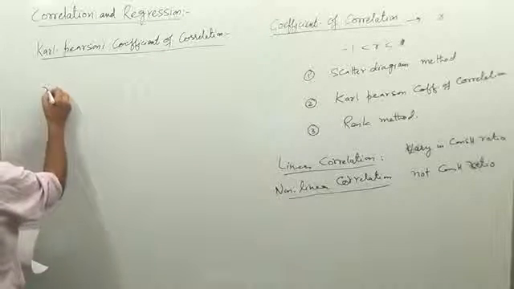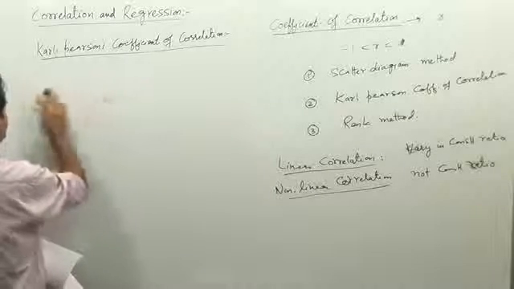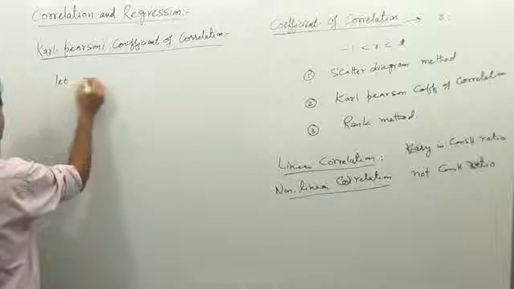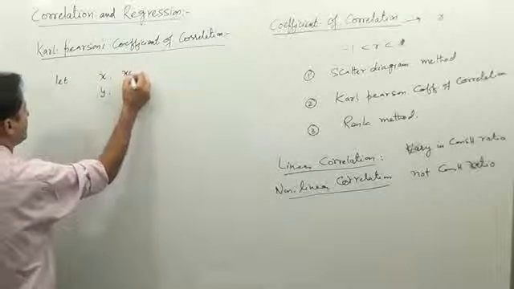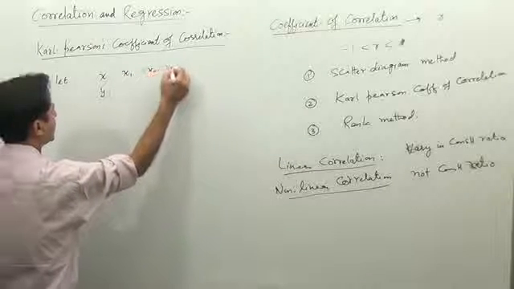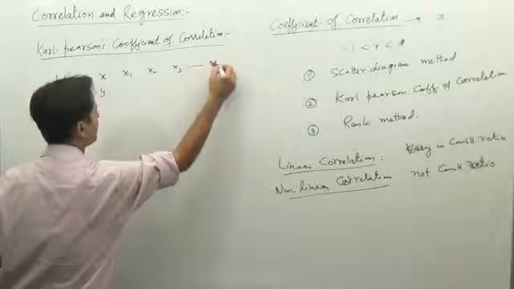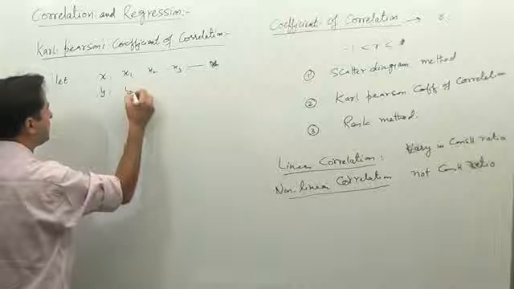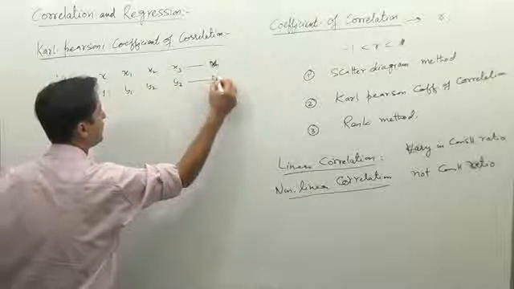So commonly we write it as R, and the formula of this is, let us say some data values are given, say this is x1, x2, x3, and so on up to xn, and corresponding to this, let us say I have some values y1, y2, and so on up to yn.